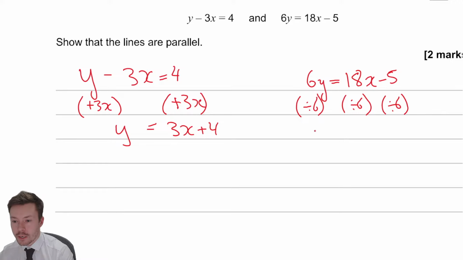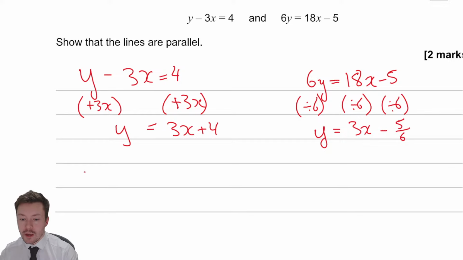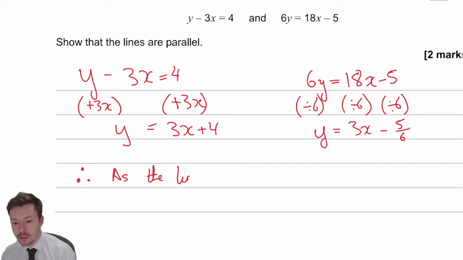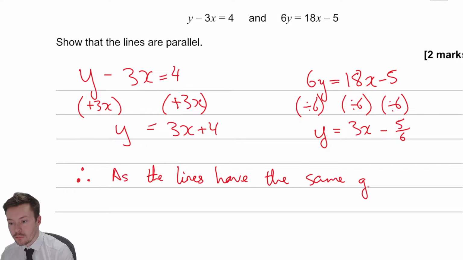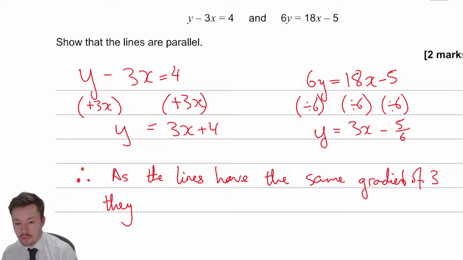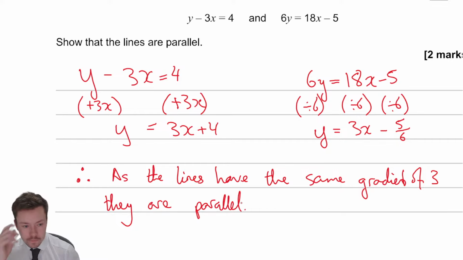So divide all the numbers by 6, we get y is equal to 3x minus 5 over 6. And then I'd write a statement. Therefore, as the lines have the same gradient of 3, they are parallel.